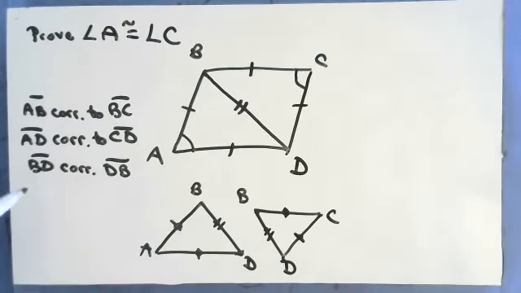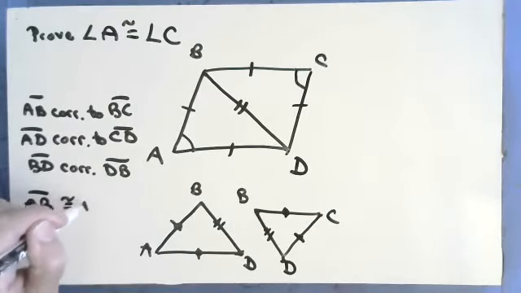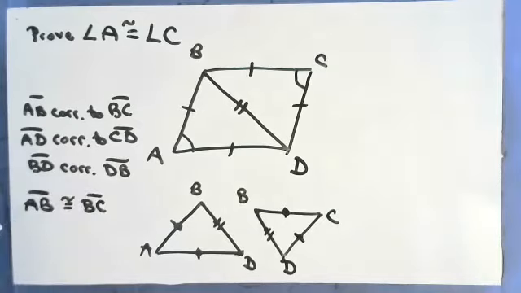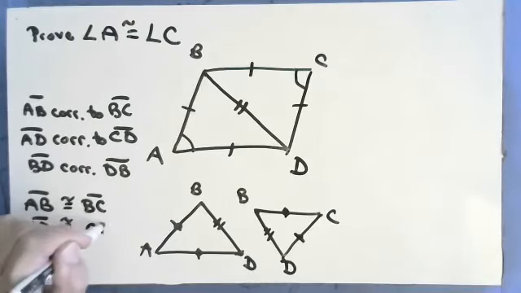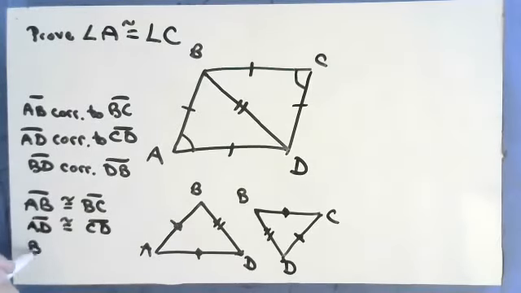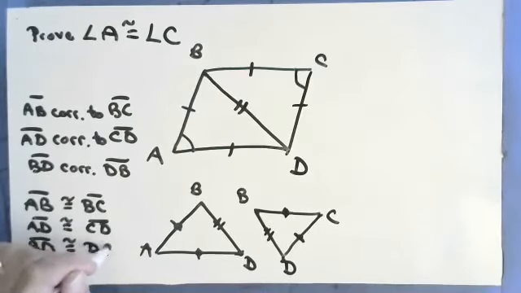But we also know that AB is congruent to BC, that AD is congruent to CD, and we know that BD is congruent to DB.